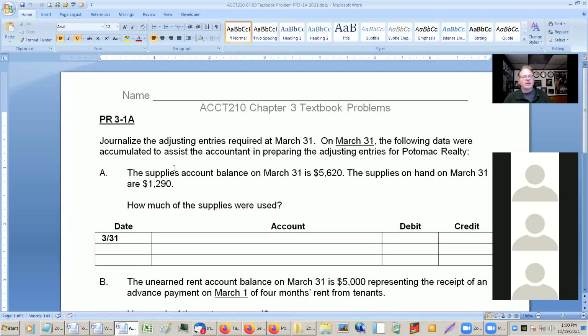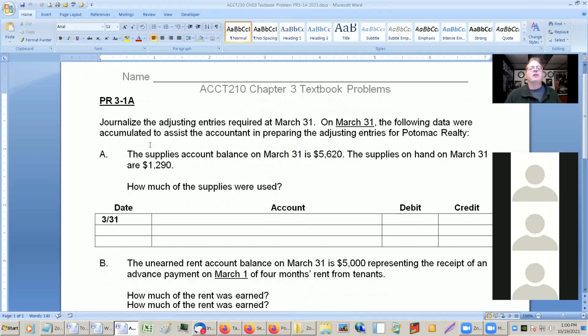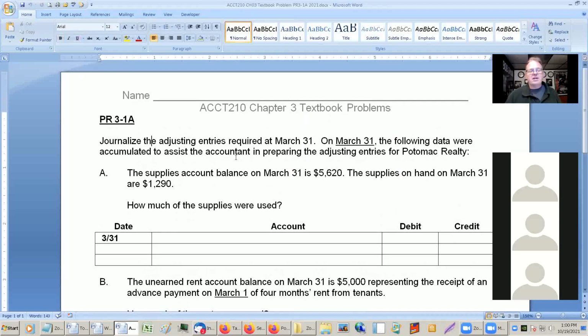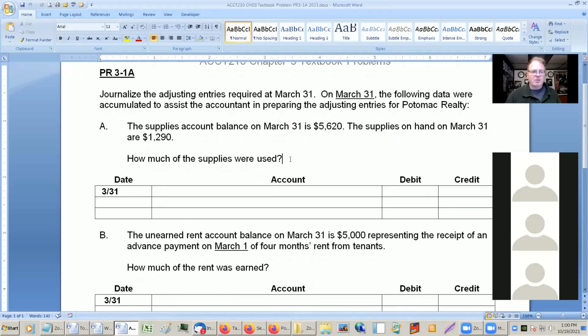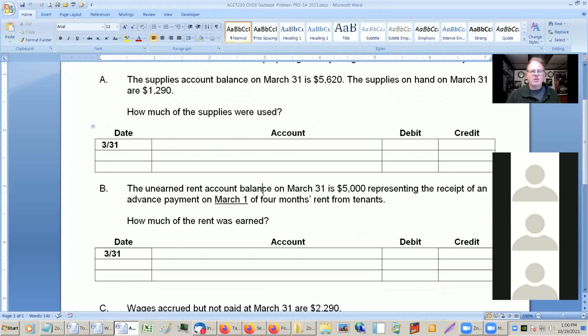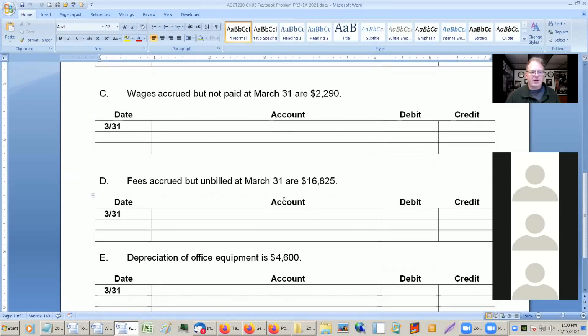All right, water under the bridge. Okay, so this is a problem out of the textbook, obviously. I kind of made it into more of what we're used to seeing, a little bit trimmed down. We're only going to take the accounts that we need. But this would be similar to what you see in the textbook, how to work this out.